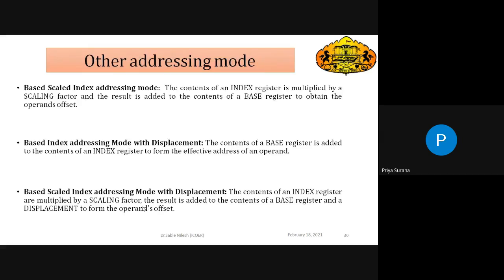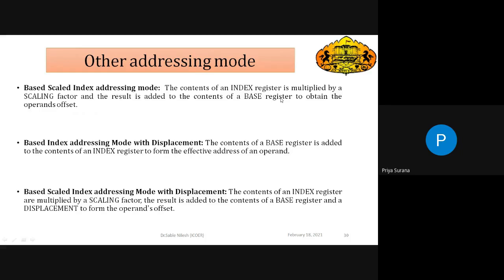Next addressing mode, base scale index addressing mode. The content of the index register, as the name itself says, is multiplied by the scaling factor, and the result is added to the content of the base register to obtain the operand.